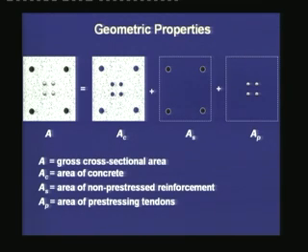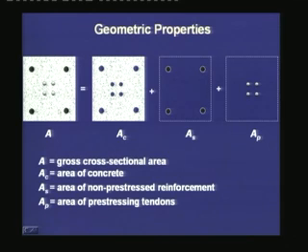On the left, you can see a typical axially loaded member where we may have both prestressing tendons and non-prestressed reinforcement. A is the gross cross-sectional area of the member.